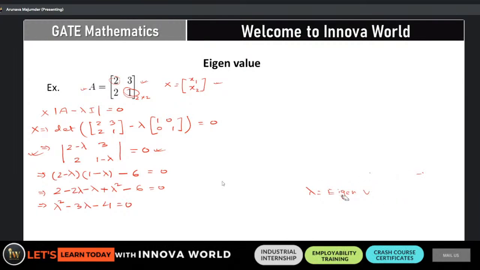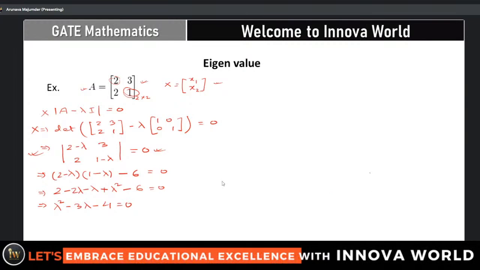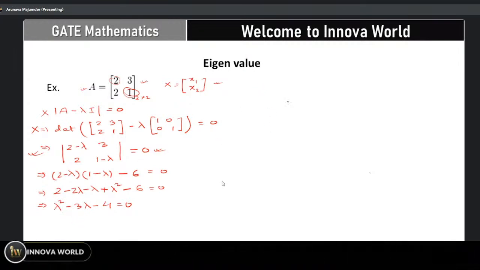Now I am going to solve the equation on the right side. So let me take the pen again. Yeah. So now let us directly use the Sridharacharya formula to evaluate this equation and find the value of lambda.